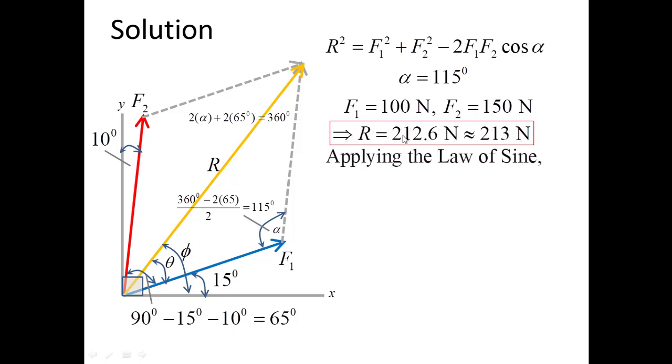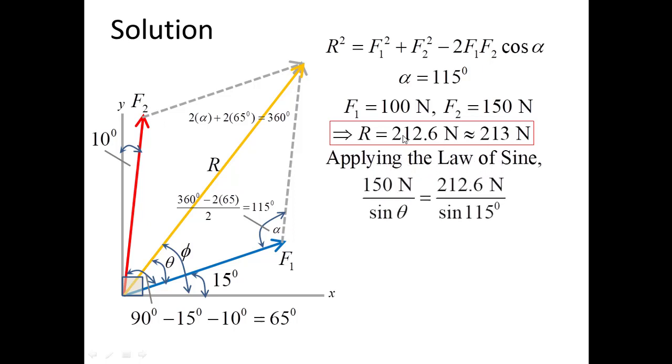Applying the law of sines, I can move on to determining the angle theta first, and then I will add theta to 15 degrees to get phi. So in order to get theta, F2 divided by sine of theta is equal to R divided by sine of alpha, which is 115.